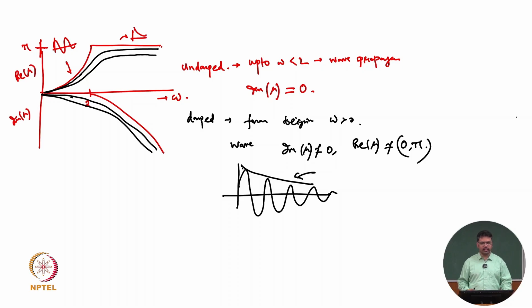So let's go on to the other systems and try to see what changes we can notice. Now in the next case, we are doing the biatomic chain.